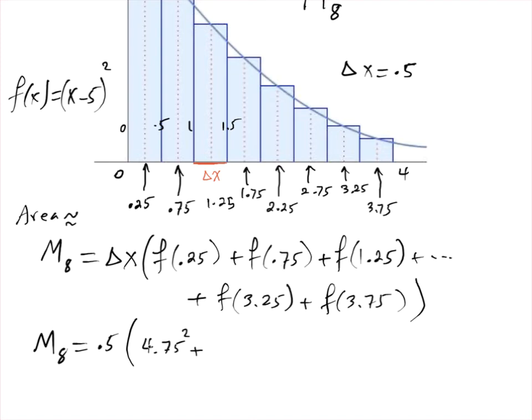So the previous value was 4.75 and now it's 4.25. It's half a unit less because delta x is half, so you add half to x each time. When you add half to x, you're subtracting half more from 5, or you're subtracting half from your previous amount.